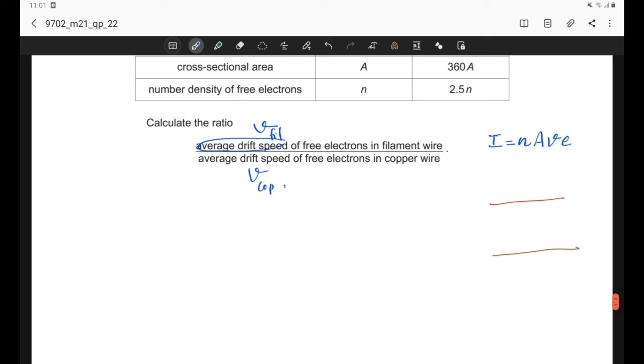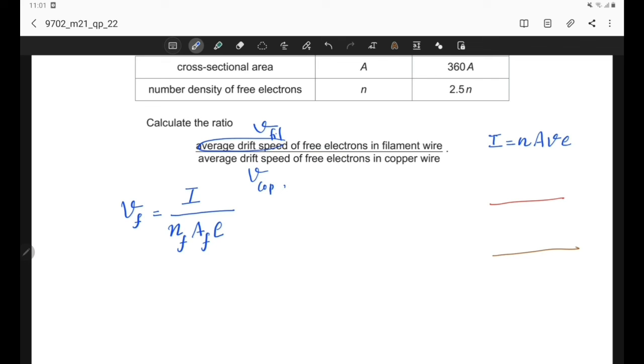So when we write the equation of drift velocity or average drift speed of the free electrons in filament wire, VF will be equal to the current passing through the wire I. As it is common, we can simply write I over number density of filament wire times area of cross section of filament wire times charge of the electron.